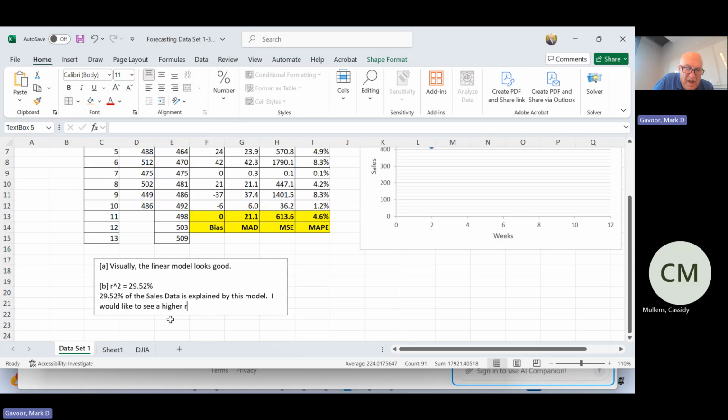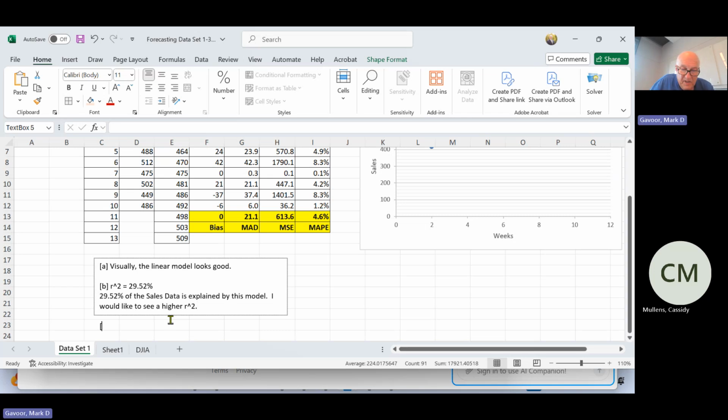If I can explain more of the data, I'd be happy with it. I'd be happier with it. But that's a good answer, right? The part I want to see is the R squared percent of the sales data is explained by this model. That means you understood what R squared is. Now, the next one is, let's say we're using MAPE.